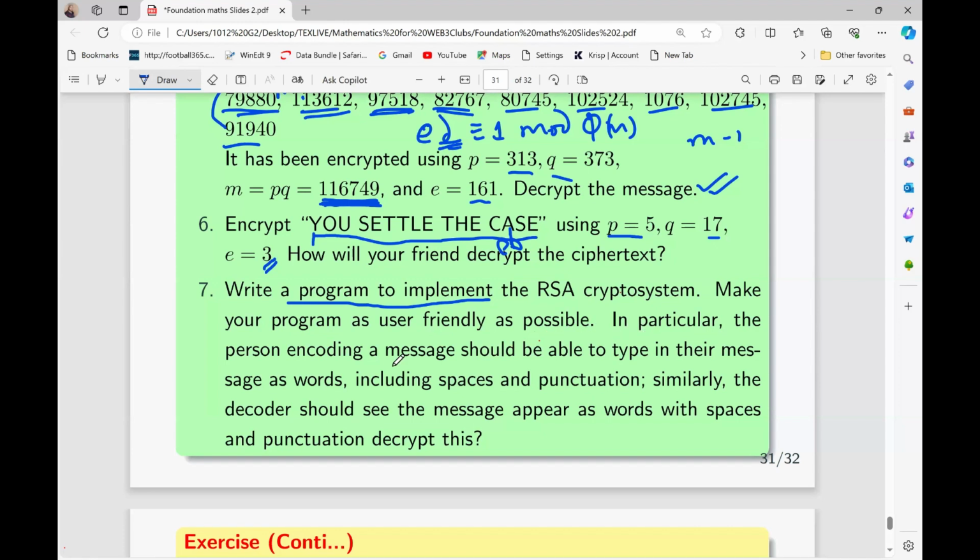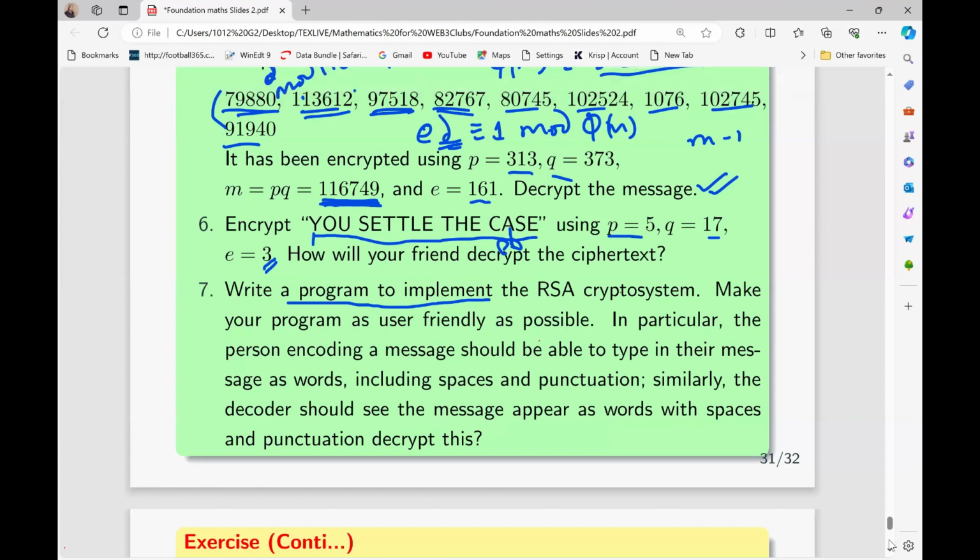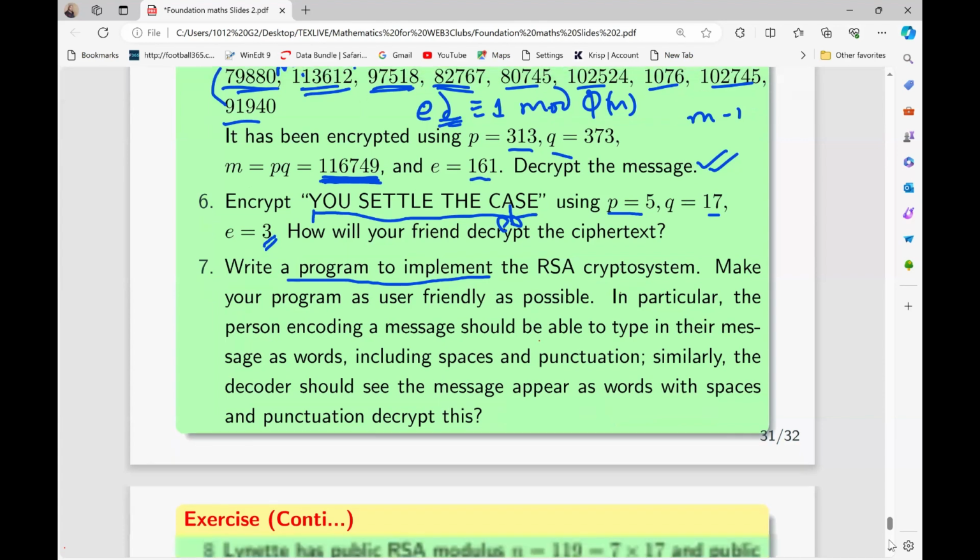In particular, the person encoding or encrypting a message should be able to type in their messages as words, including spaces and punctuation. Similarly, the one who will be decrypting should see the message appear as words with the spaces and punctuation. Now you try this and see. It's always good to try some of these, writing these programs.